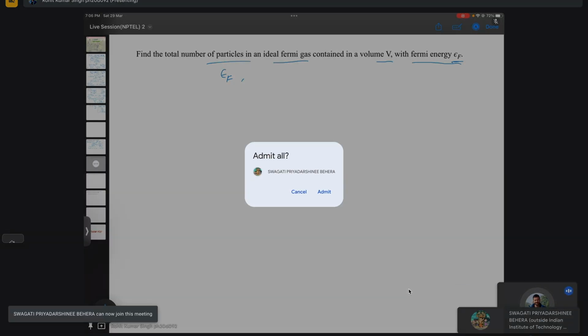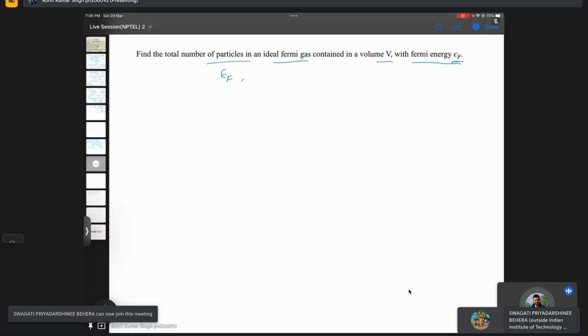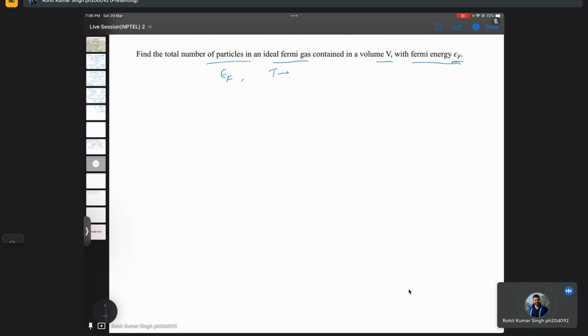So in an ideal Fermi gas, when you tend to absolute zero temperature, all the states below the Fermi energy will have occupancy equal to 1, mean occupancy equal to 1 for this and 0 for this, right?